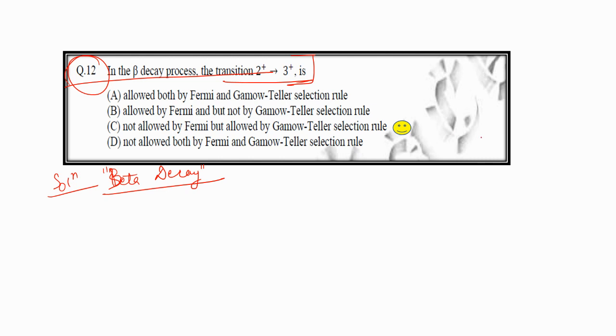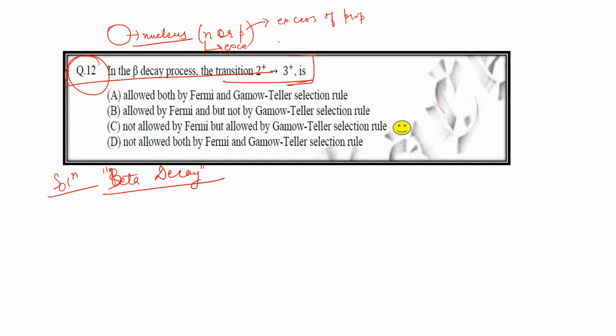So if we see beta decay, why does beta decay generally happen? This is a nucleus. It contains neutrons and protons. Suppose we have an excess of neutrons, or the other case, an excess of protons. If a nucleus is facing such a condition, it will find itself in an unstable condition.